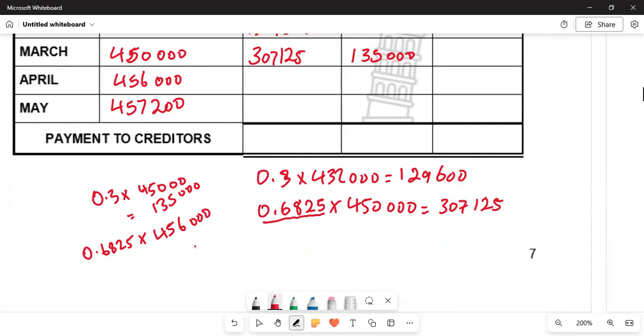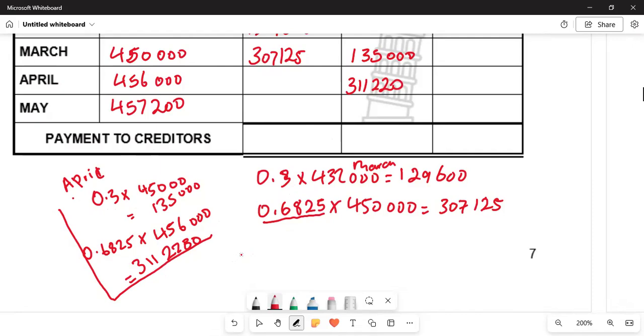And it will give us 311,220. So we write it here on the month of purchases, 311,220. So that is for April. This is for March.